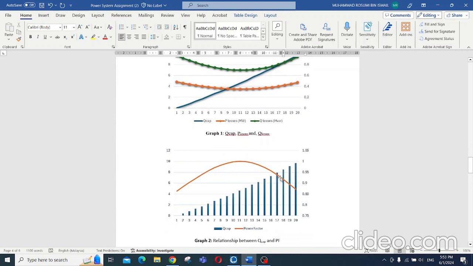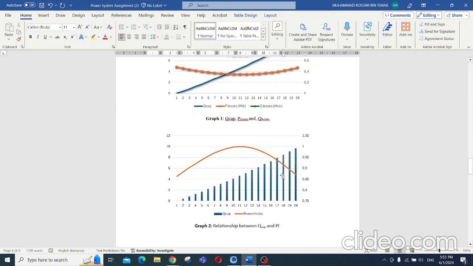For graph 2, as Q cap, representing reactive power, increases from 0 to 9.7, the power factor initially starts at 0.87 with no reactive power. With Q cap at 0, the power factor gradually improves, reaching 1 when the Q cap is 3.6.